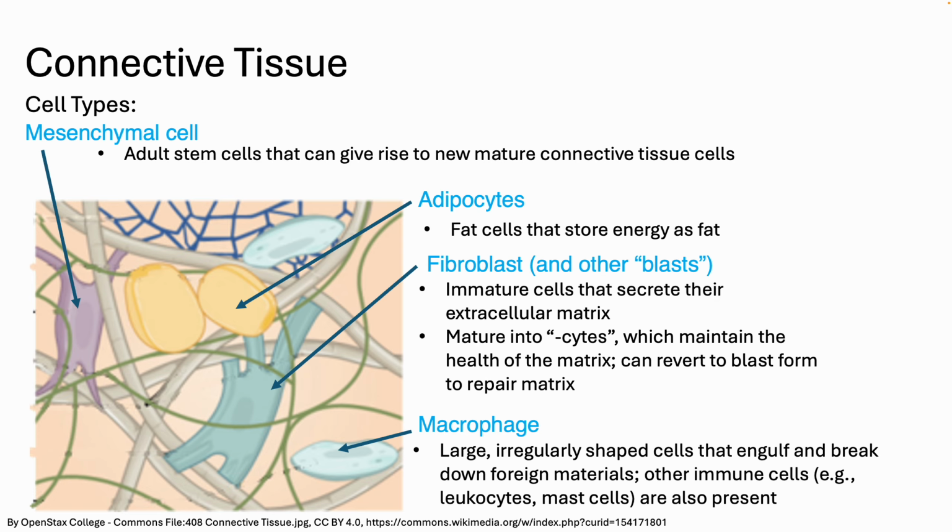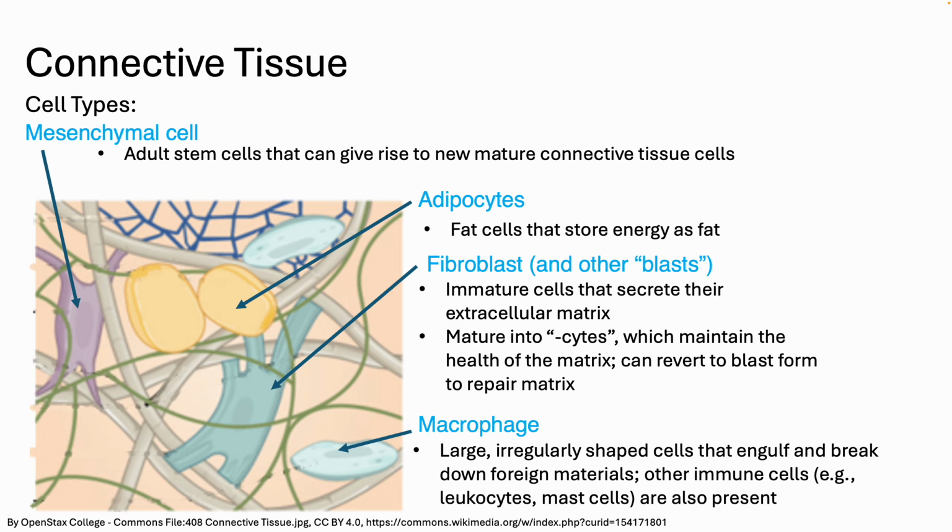So if it ends in blast, that indicates that it's a type of immature cell that will secrete their own extracellular matrix. They actually mature into cells that we refer to as cytes, which maintain the health of the matrix. Some cytes can revert back to the blast form to help repair the matrix.